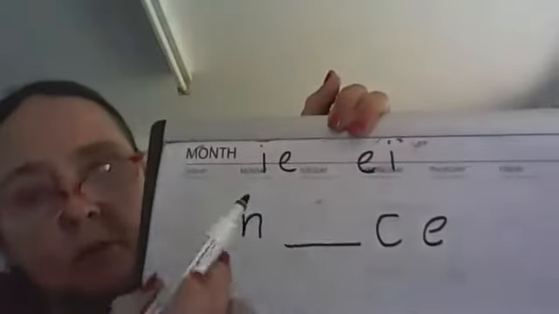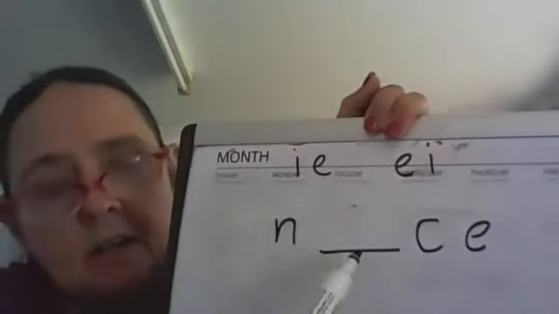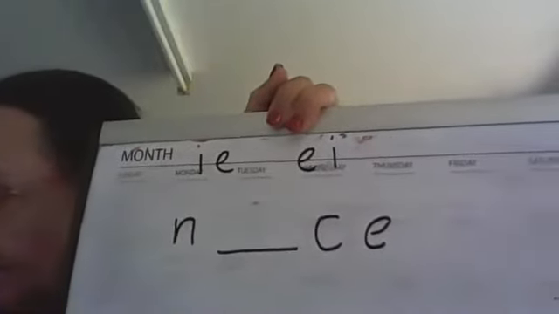Remember, what we're practicing is using either IE or EI. So will it be IE that we need to put in there, or EI? Now remember that helpful little tip?